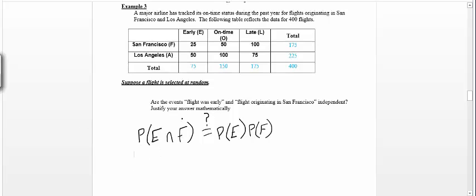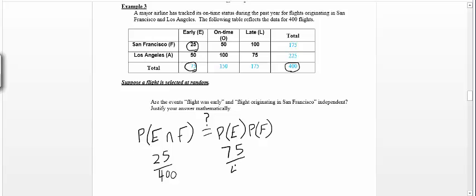We computed probability of E and F. The joint probability was the 25 out of the 400. Probability of E is the 75 out of the 400.